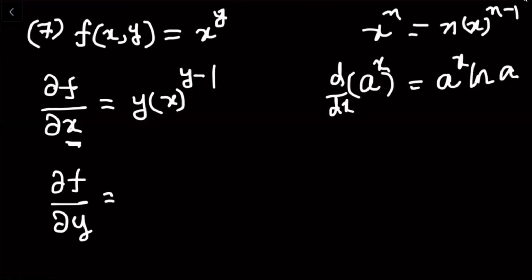Similarly, x is constant here, so x^y ln x is the answer for this question. Don't put 0 directly over here. It's a mistake.